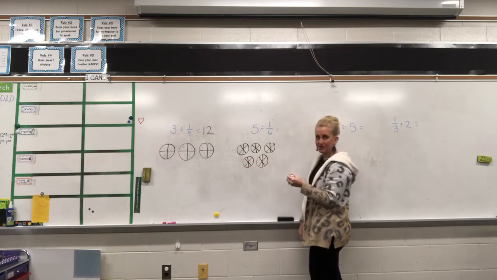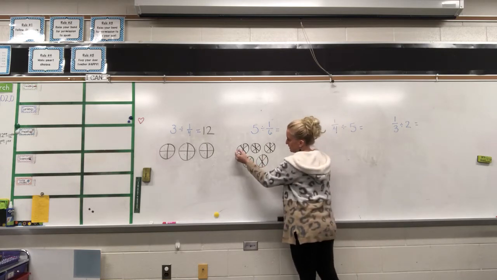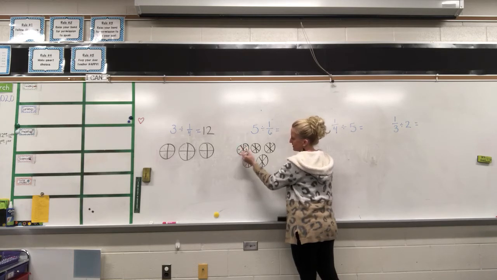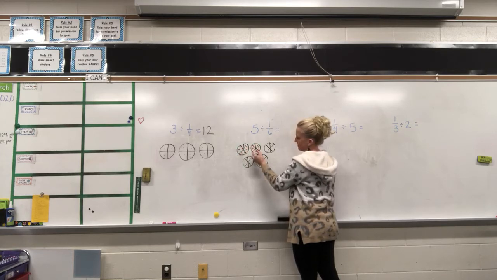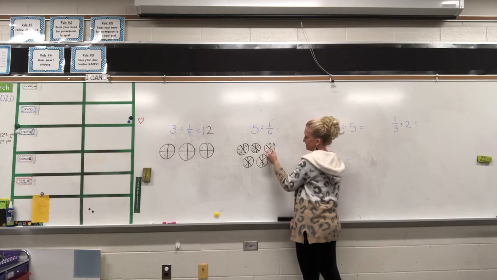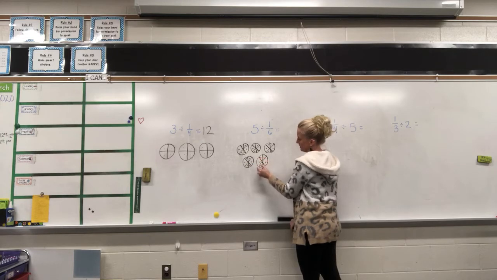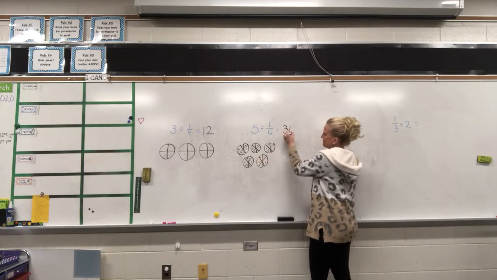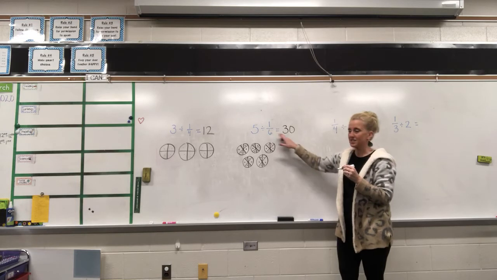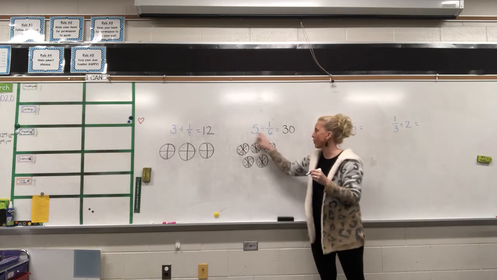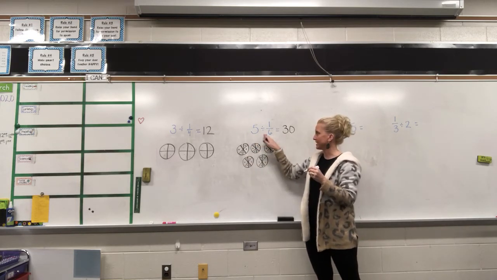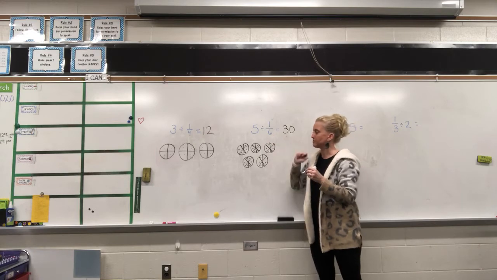So then how many pieces am I going to have? 30. So 5 divided by 1/6 is going to be 30 pieces. 5 whole pizzas divided into sixths is 30.